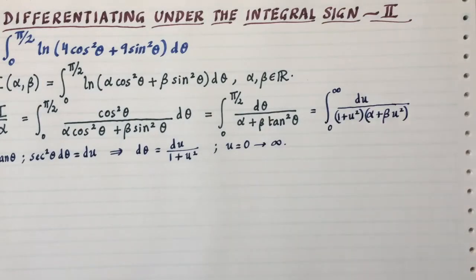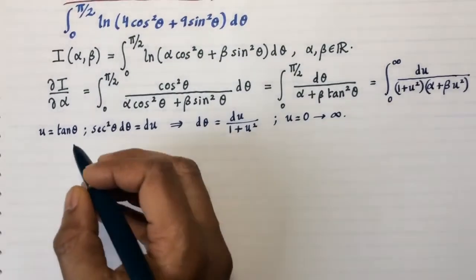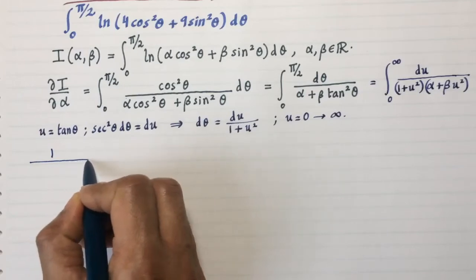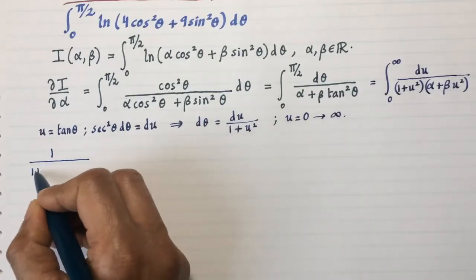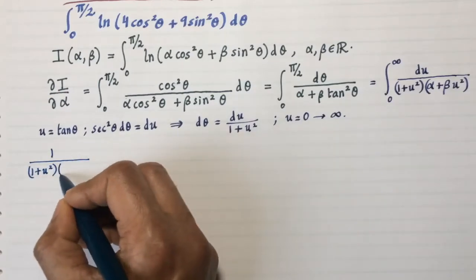This type of integral can be solved by an elementary calculus technique known as the partial fraction decomposition. So what I'm going to do here is spend a few minutes doing that. I'll write this integral that we want to work with as a sum of two fractions.